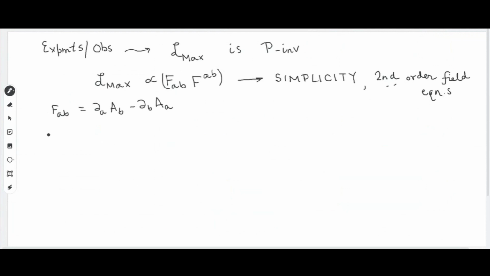Okay, now in Gaussian units, the Lagrange density for the Maxwell field is chosen to be 1 over, I think, 16 pi c with a minus sign, F_AB F^AB.